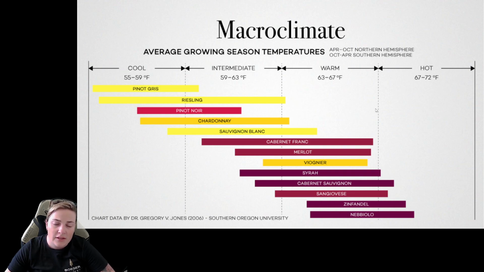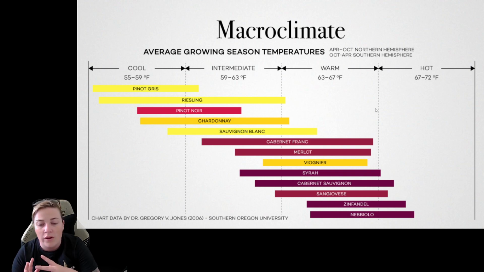So it just depends. If you are going to purchase a property and plant grape varieties, you will want to look at what your climate is, what index region you are in, and then compare it to other regions of the same index and see what's planted there, what does well, and then potentially see what would be best for you.